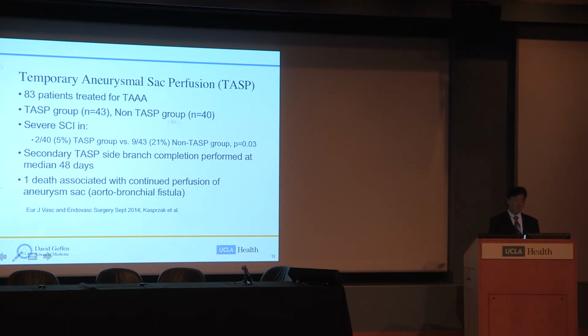I must say this is a little bit high, so I don't know exactly how this particular study would justify this, but they did show a significant difference in their series. Their median days to going in and closing this perfusion side branch was 48 days, and they did have 1 death associated, in my opinion, with what would have been a complication of this very thing. You still have aneurysm sac perfusion, pressurization, and therefore there is some risk inherent to that, whether it's rupture or, in this case, aortobronchial fistula.